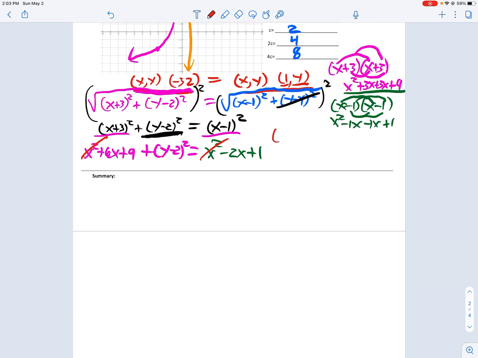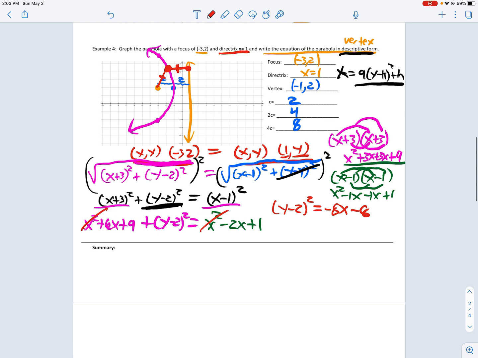So we have y minus 2 squared equals minus 8x minus 8. Okay. So it's starting to kind of look like what we want, right? We're kind of getting this form.